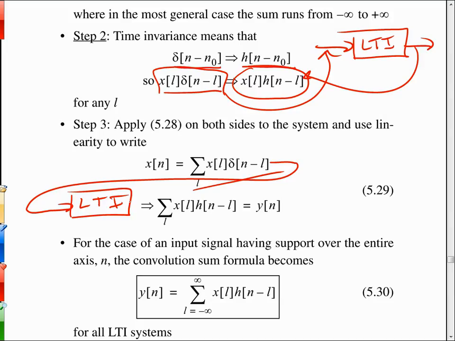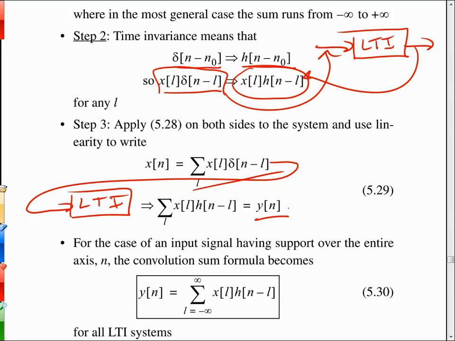But if it's linear, we can apply a whole collection of those things and get at the output the superposition of all the individually applied inputs. And that, because of linearity, is y of n. It's as if we applied the composite input from the get-go.